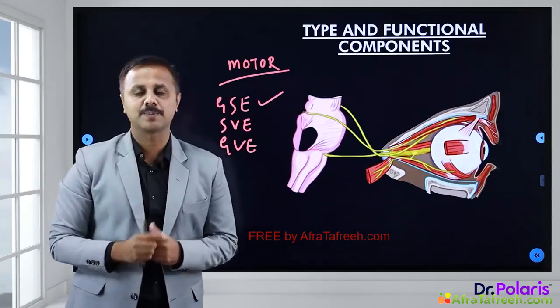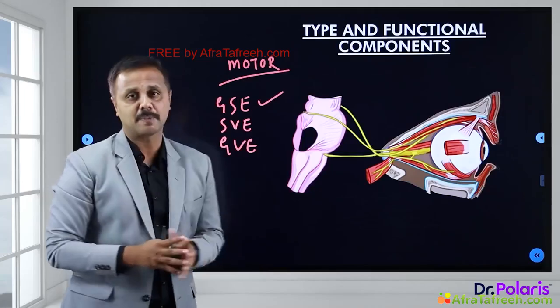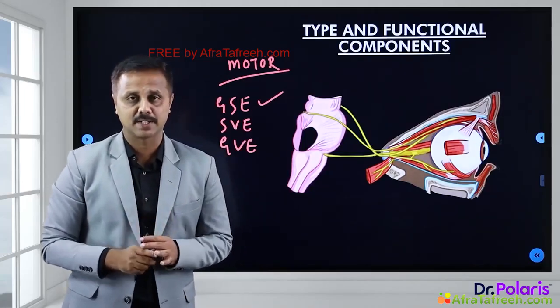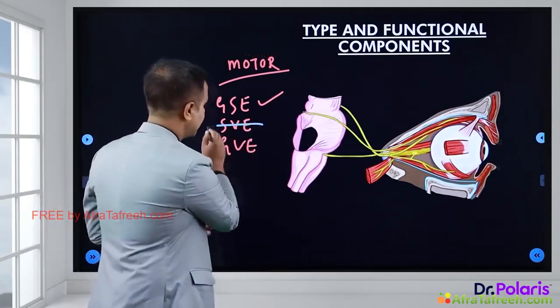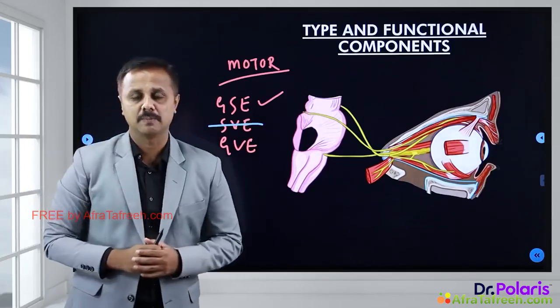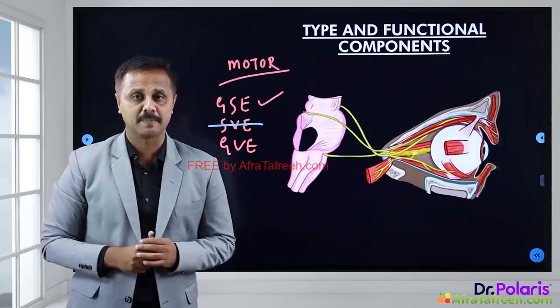The special visceral efferent column supplies muscles derived from branchial arch. The oculomotor nerve, apart from supplying extraocular muscles, will not supply any muscle derived from branchial arch. So there is no special visceral efferent column. What about the general visceral efferent column? Will the oculomotor nerve supply any cardiac muscle, smooth muscle or gland?